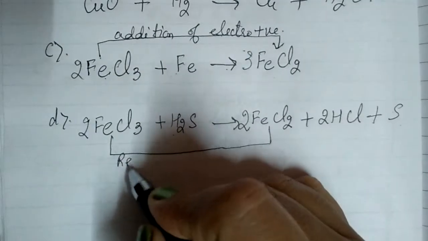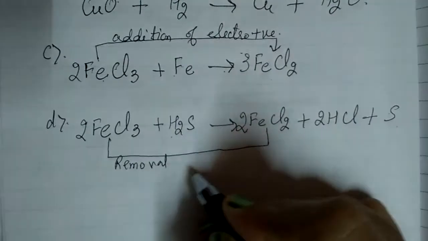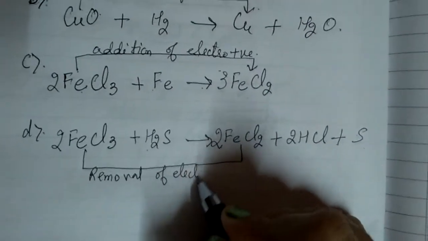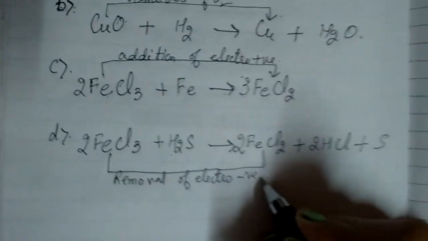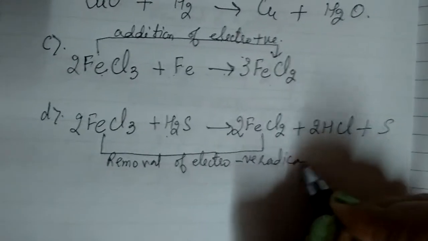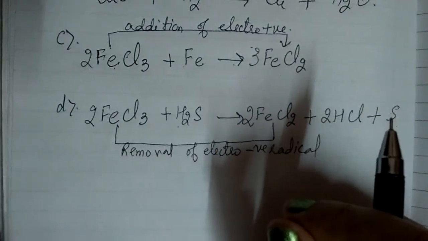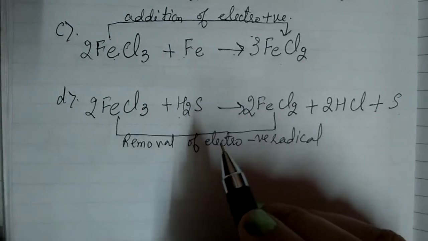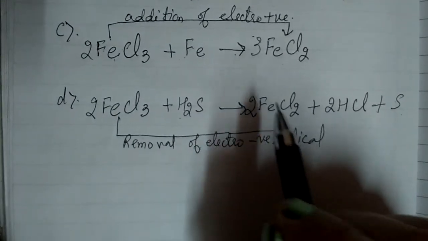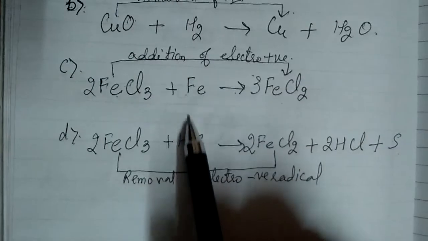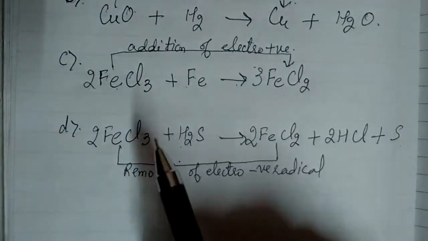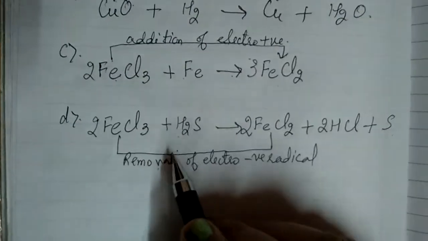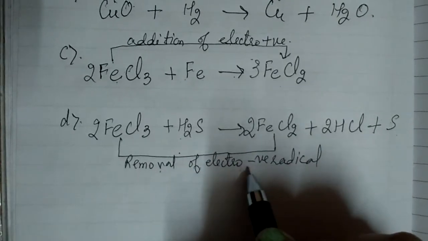Therefore we say that removal of electronegative radical as Cl negative radical that is being removed over there. Okay, so this type of the reaction is the reduction reaction. Now we have seen clearly that there are the four different conditions by which we can consider that this sort of the reaction is the reduction reaction.